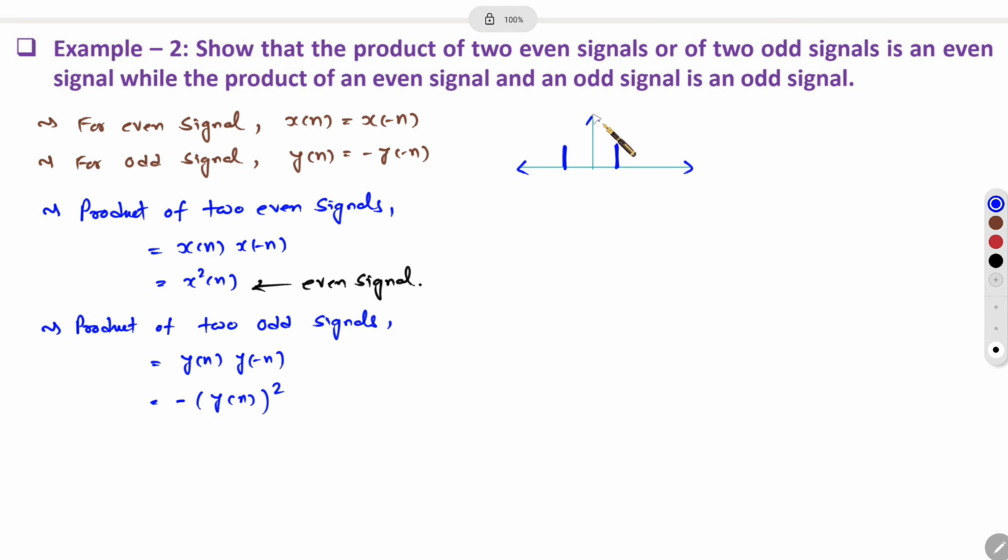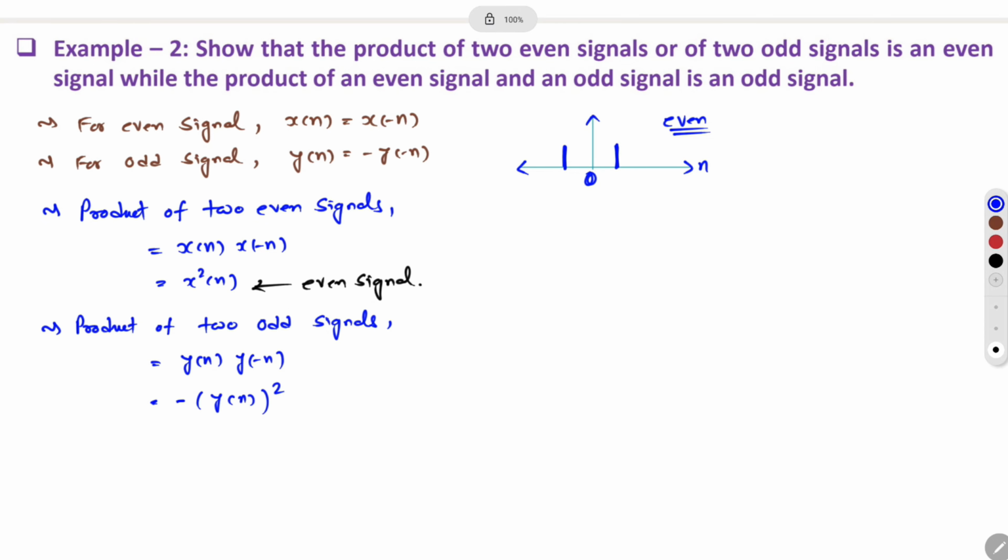If you fold this with respect to 0 on n, it will be the same. So this is an even signal. Now if you square this, you will have the square of this amplitude.